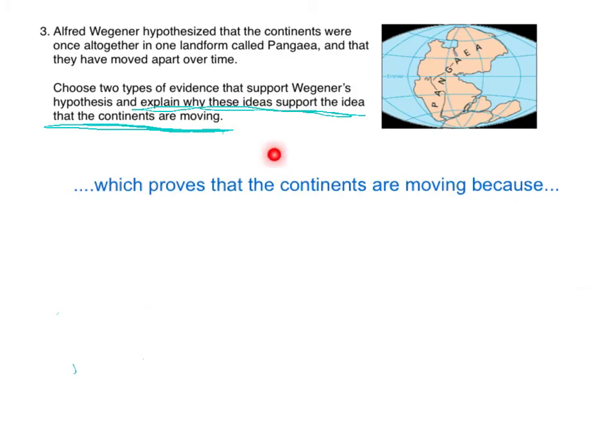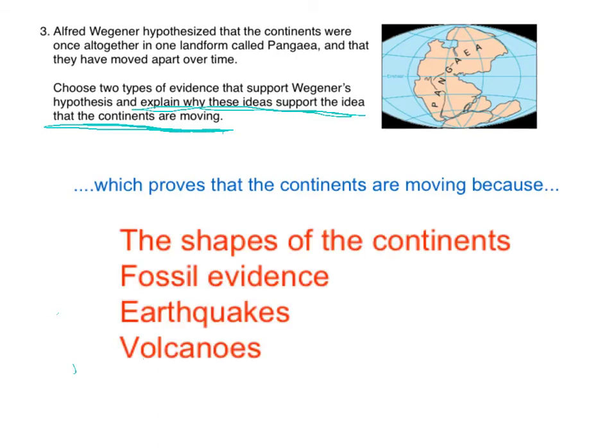Okay? So some of the different forms of evidence that you could have talked about were the main types that we've been talking about in class and that we've talked about in our Plate Tectonics Detectives packet. So if you chose to talk about the shapes of the continents, you needed to tie it back to what the question was asking.